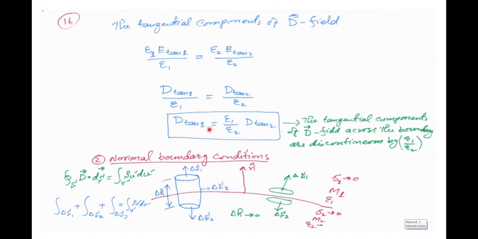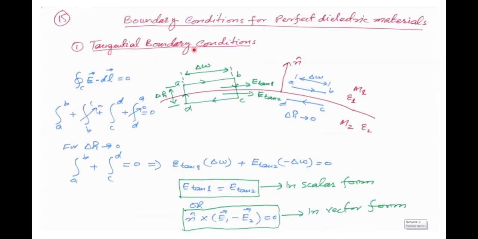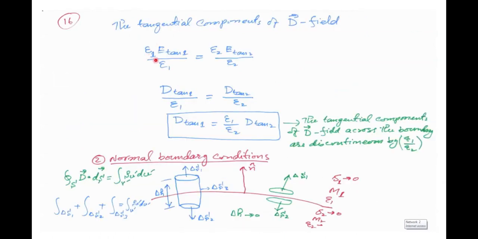Now the tangential component of D field can be obtained by dividing and multiplying the left side and right side of this relation by epsilon 1 divided by epsilon 1, and epsilon 2 divided by epsilon 2.